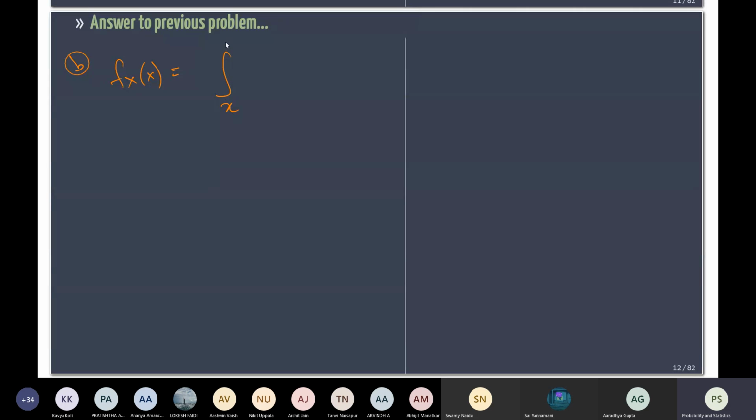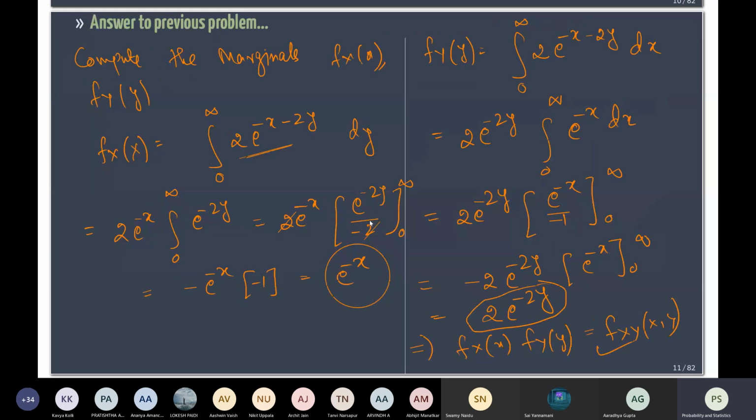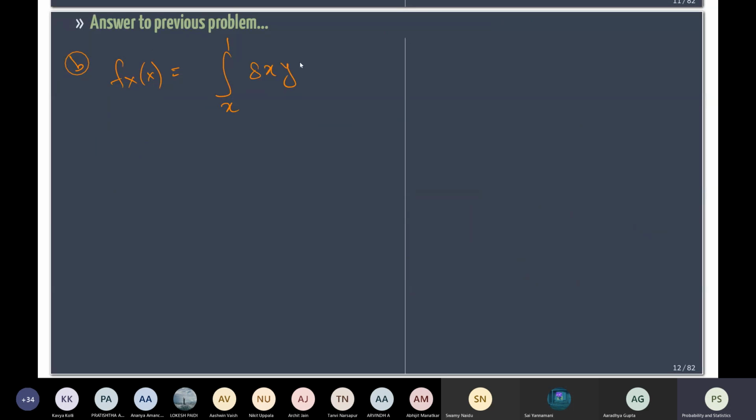The joint is 8xy, and we are integrating with respect to y. 8x is a constant, it comes out, and the integral of y is y squared by 2, with limits x to 1.